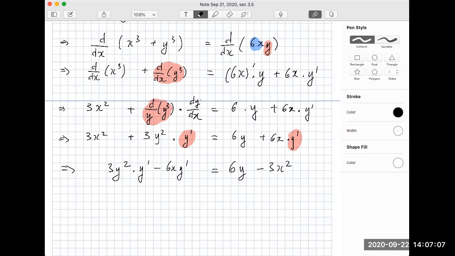Now, on the left-hand side, y prime is a common factor, right? So what can we do with this? Yes, we can factor it out. Very good. Thank you, Yasini. So we factor it out, and what do we have here?